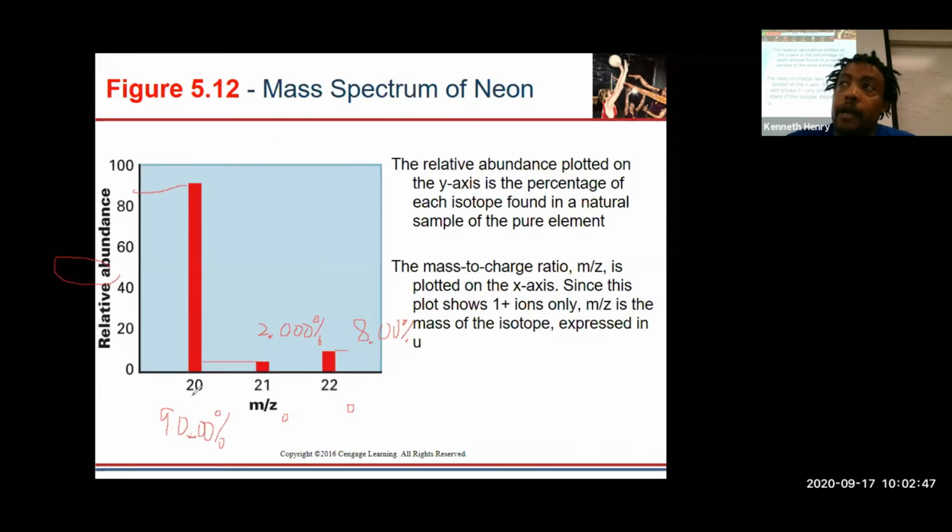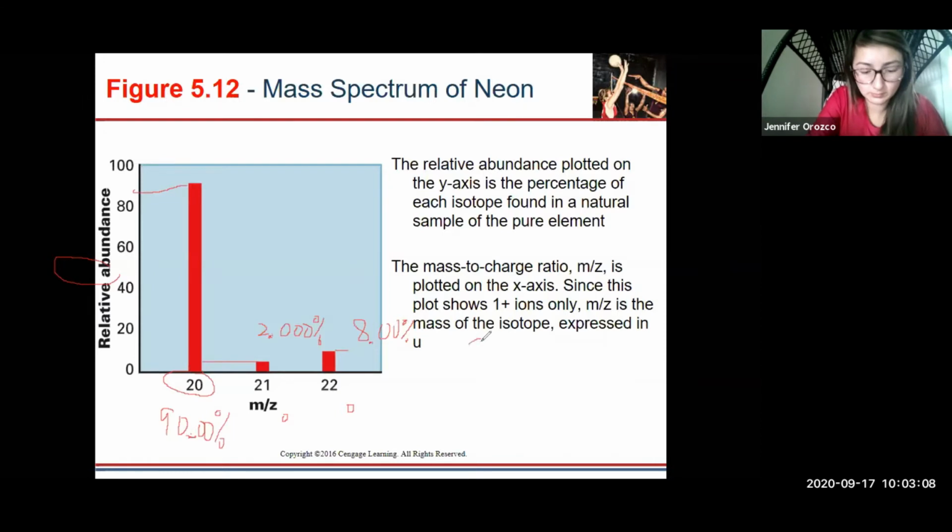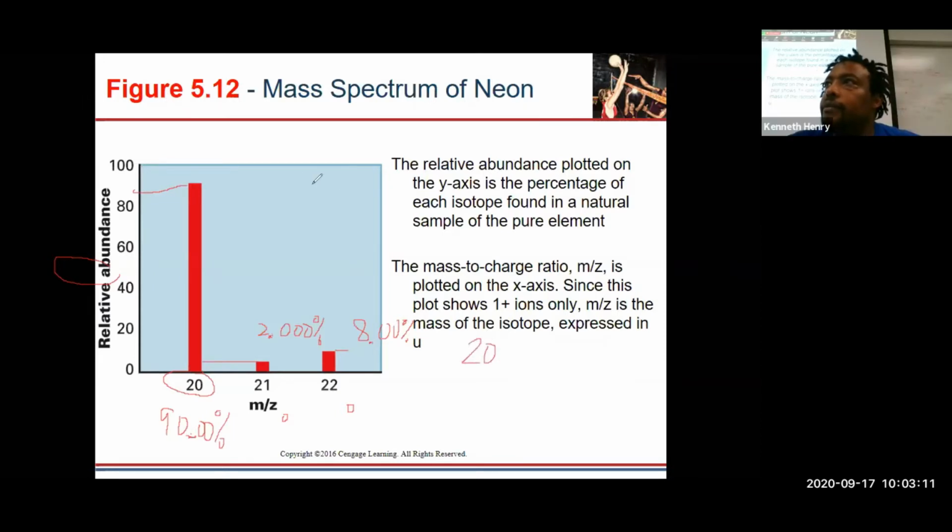Okay, so what you would do to calculate the atomic mass, you would take the mass of that isotope and multiply by the decimal form of the percentage. So what is the decimal form of 90%? 0.90. Okay, so we'd go 20.00 times 0.90.